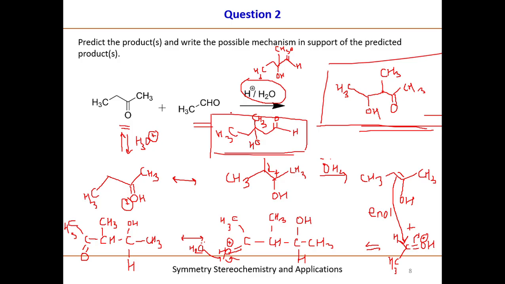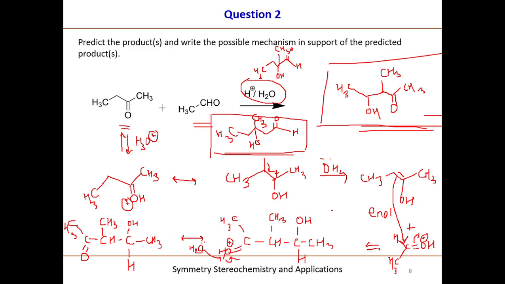In the first step, any ketone or aldehyde will get protonated. Then after protonation, enol will form, and the enol will attack another aldehyde or ketone to form this intermediate. Then the proton is accepted by water to give this as a product.